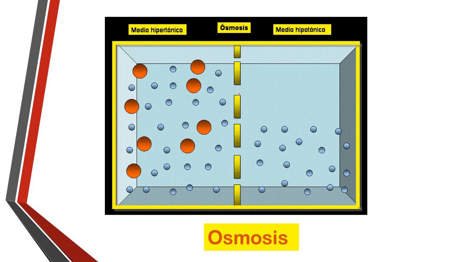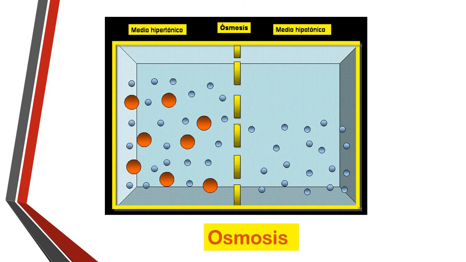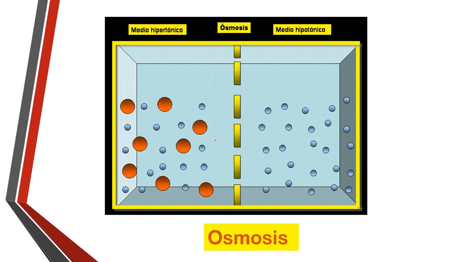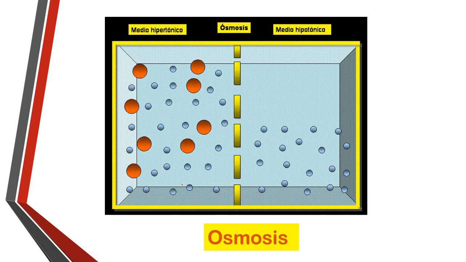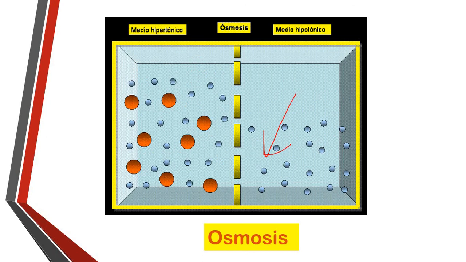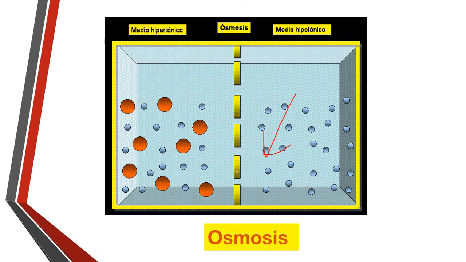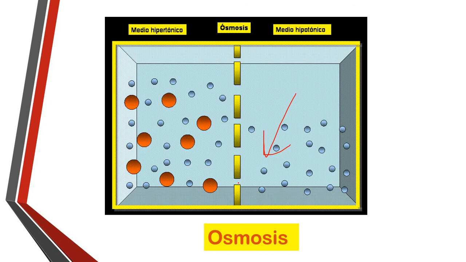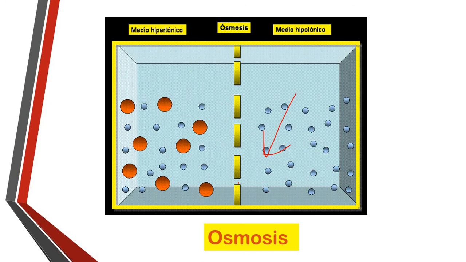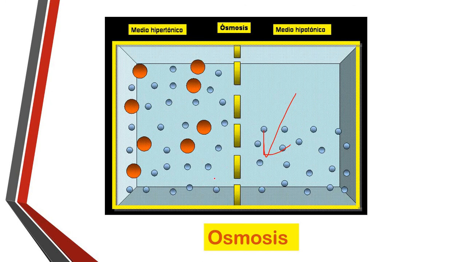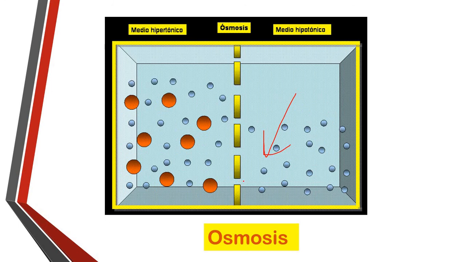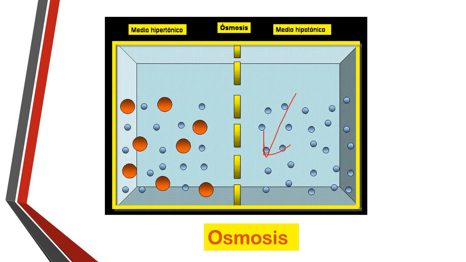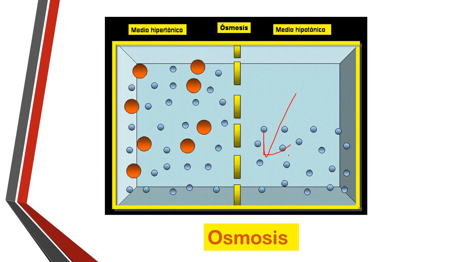In this case, the permeability is selective, meaning that it will allow the water molecules only to be passed from this side to the other side, because the pores between parts of the wall are big enough for the water molecules to be transported, but it's not big enough for the other molecules to be transported.